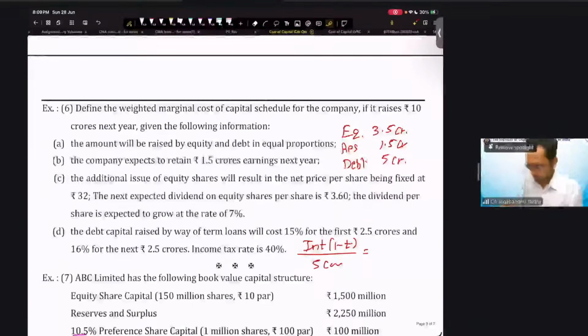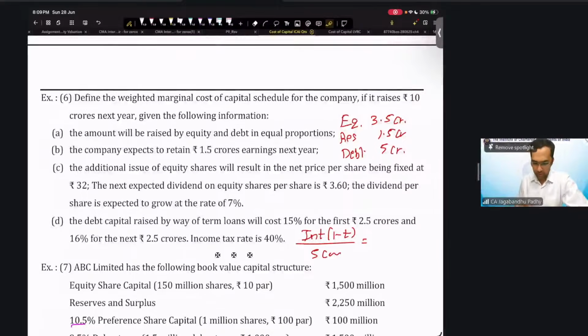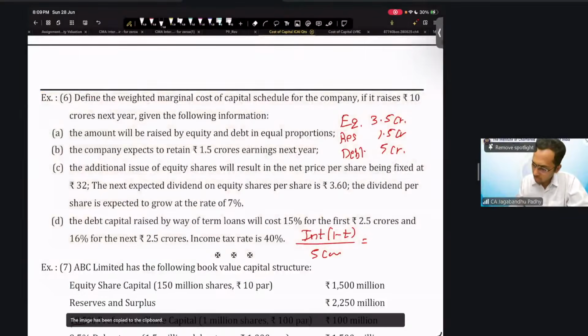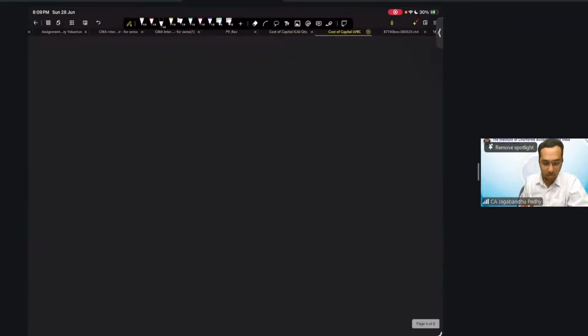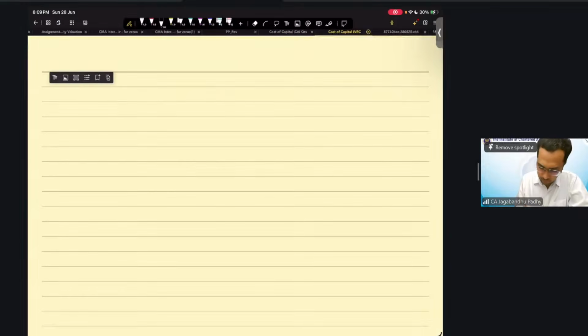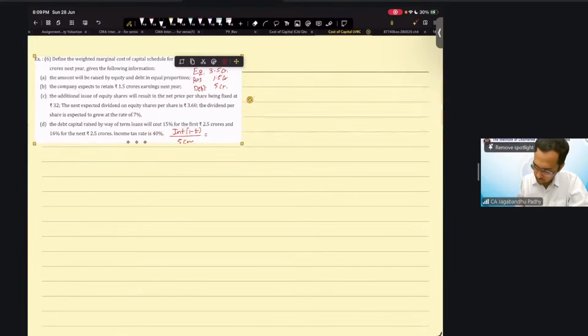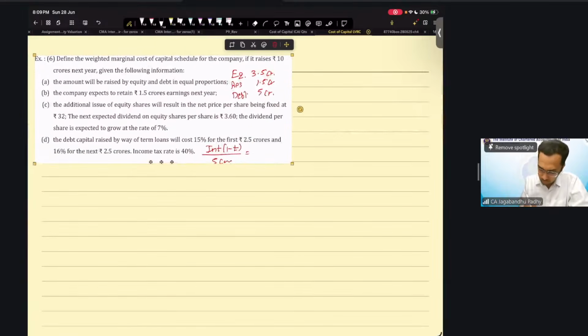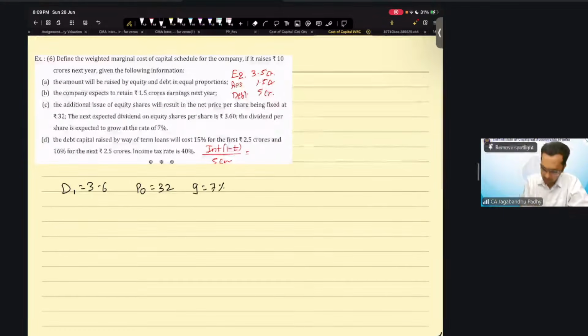Okay, so what is the cost of equity? We have the D1 as 3.6, P0 is 32, growth is 7%.